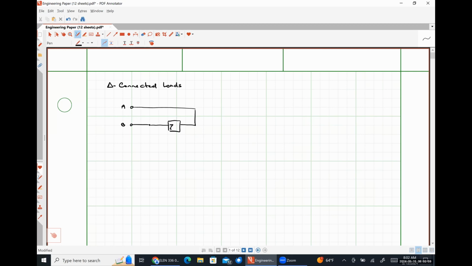I'm going to call this Z delta A. Down here below, I'm going to put a node point. So this is where my C phase transmission line terminal is. The impedance connected between the B and C line will be Z delta B, and the impedance connected between C and A will be Z delta C, like so.